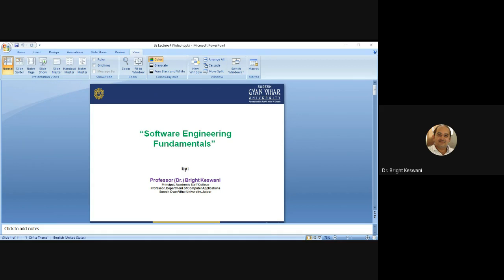So in today's class we had a discussion about the introductory part of software lifecycle models. We had a discussion on the general introduction and essence of the software lifecycle model. Then we discussed the classical sequential software development lifecycle, illustrated as the SDLC.